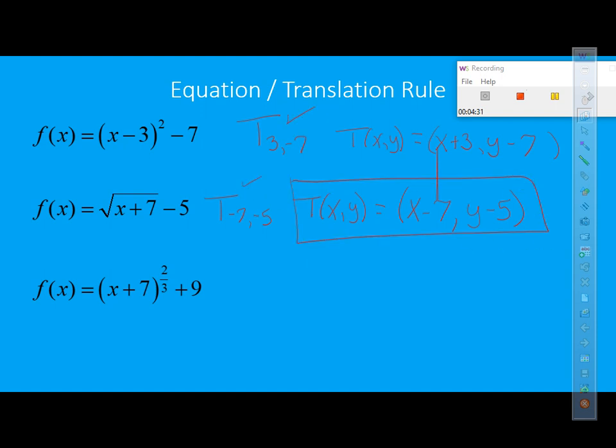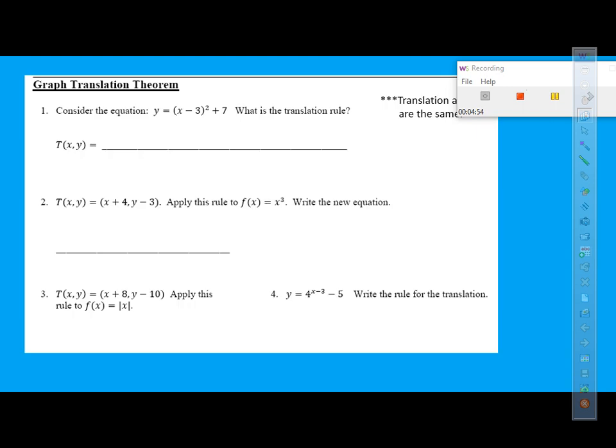Along the way, we'll call it a translation. This one, I'm not sure what the graph looks like, but I do know this. The translation will be 7 units to the left and 9 units up. When I write the rule for it, every x-coordinate will be decreased by 7. Every y-coordinate will be increased by 9. So if you would, come over to your number 1.